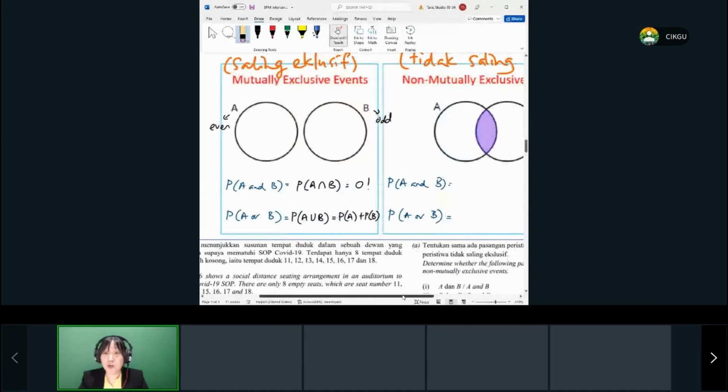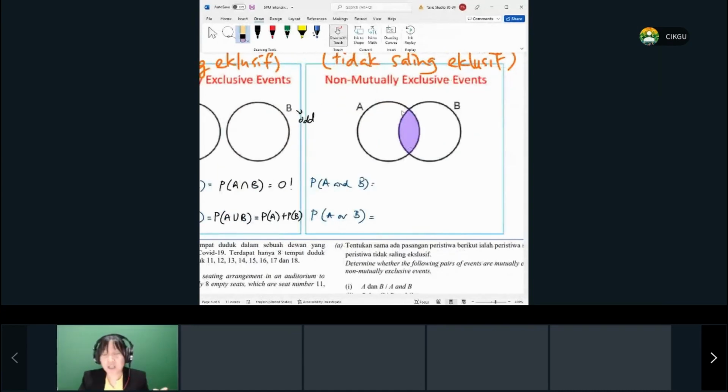Now, non-mutually exclusive means it is possible for an outcome to satisfy both events. For example, let's say event A is to select an even number, and event B is to select a multiple of 5.